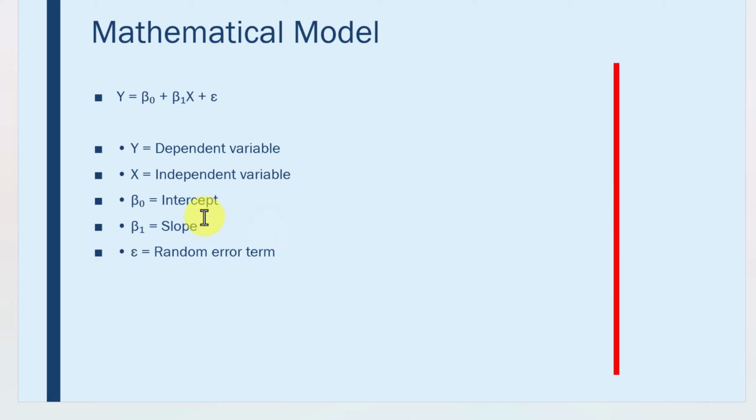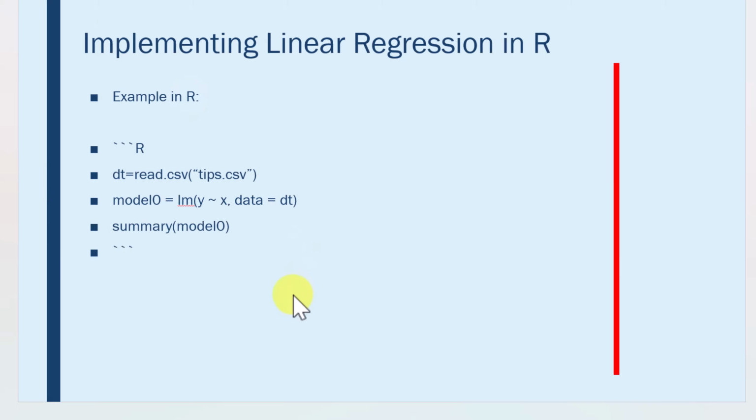For interpretation, obviously both beta 0 and beta 1 are important, especially beta 1, which gives us the amount of change in y as we change x. In R, we use our dataset tips and we try to run the linear model of y over x.